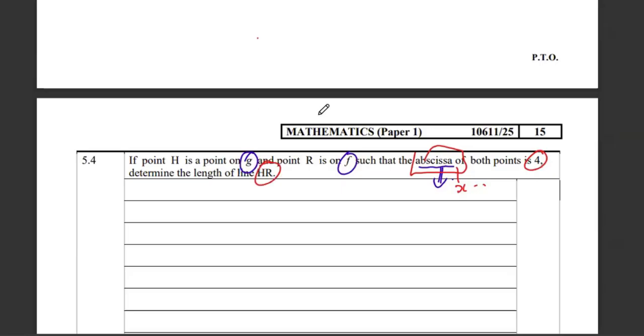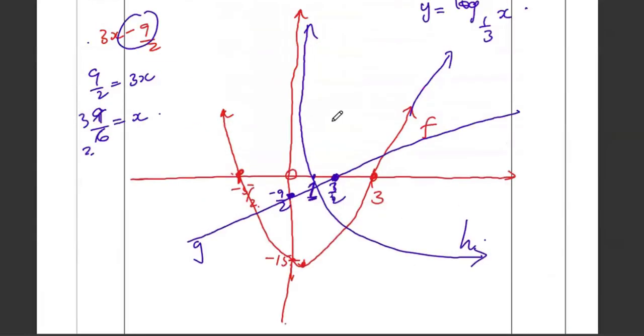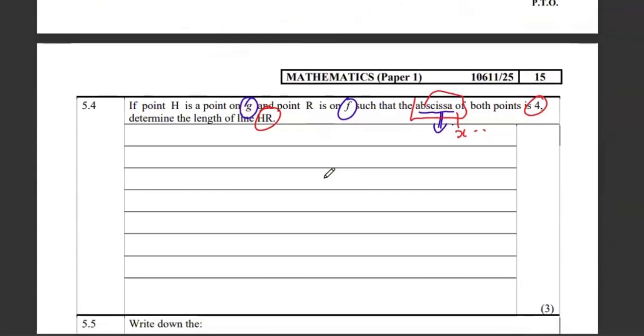So H is on G. R is on F. Then they want us to get this distance. If this is 4, we need to get the difference there. So step number 1, since we're looking for the distance, the graph that's above is F, so I'll say F minus G. So it's F of x minus G of x.